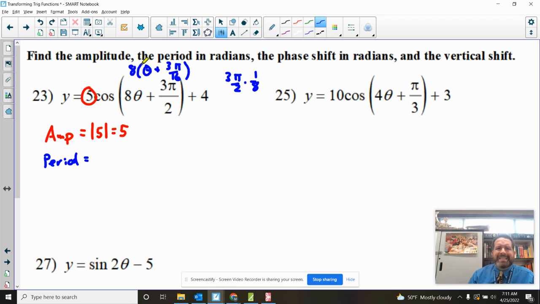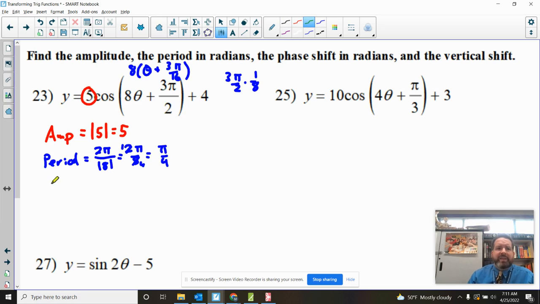Now, I didn't need to do this to get the period, but we're going to have to do it later. Might as well do it now. So my period is 2 pi divided by the absolute value of that 8, which is just 2 pi over 8, and then reduce your fraction, 1 and 4, so pi over 4. So a short little period. This is going to be going up and down pretty quick.